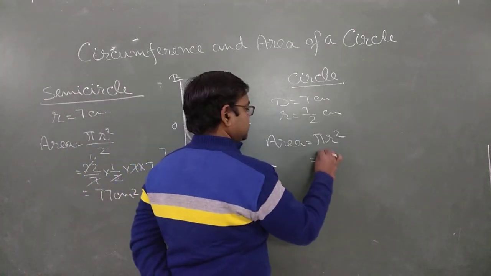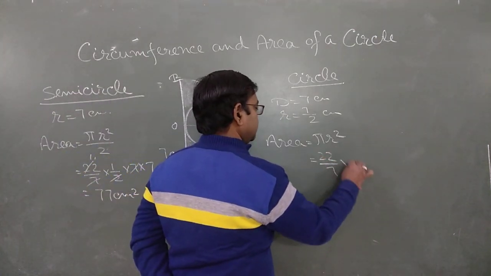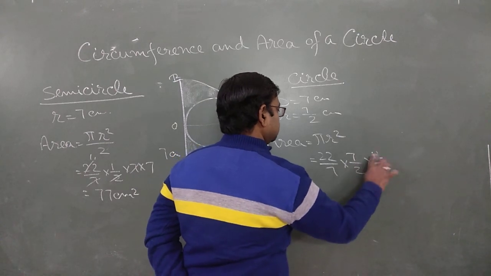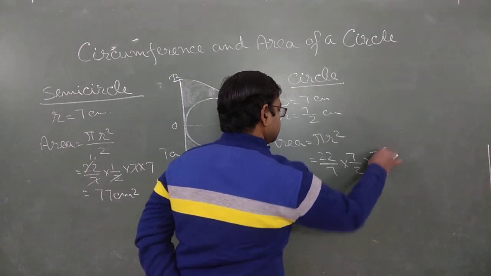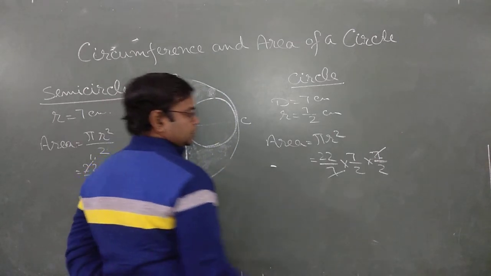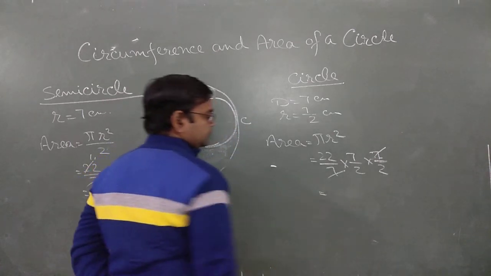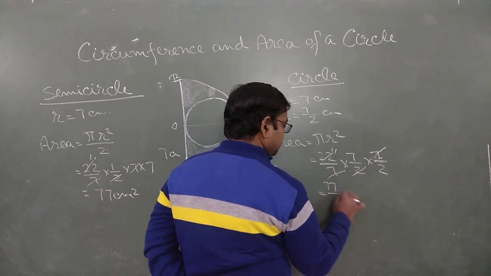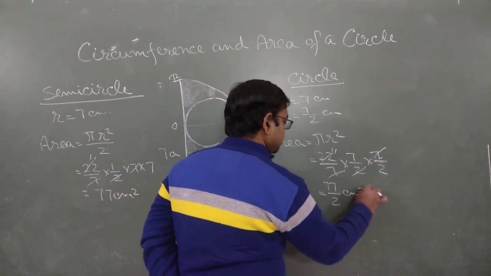In this case, 22 upon 7 into 7 upon 2 into 7 upon 2. 7 cancels each other. So what do we have? 11 and 7, 77 upon 2 centimeter square.